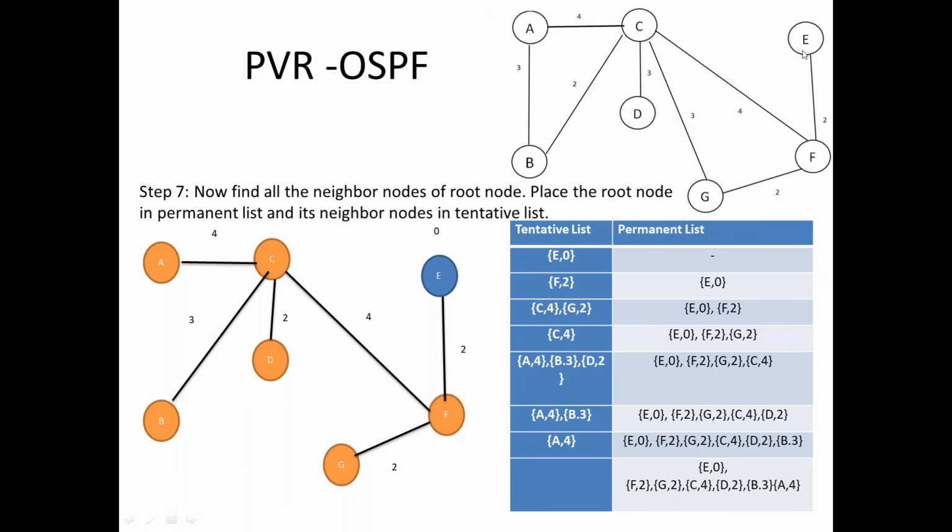In the original network, we have two paths. If I want to go from E to C, I can go through F, then C, or I can go from E to F, then G, then C. So there are two different paths in the original network, but now we made it so that every destination can be reached by a single path.